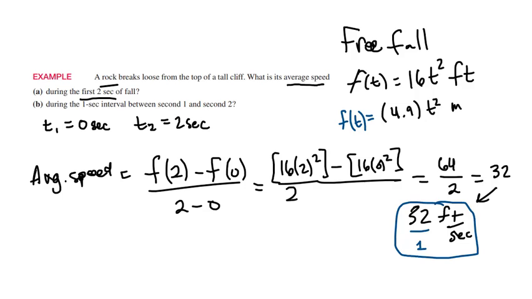Now let's do the next part. We want to know the average speed during the 1 second interval between second 1 and second 2. Our start time is 1 second, and our stop time is second 2, so T2 is 2. The object started falling, and we start calculating at the 1 second mark and stop calculating at the 2 second mark.